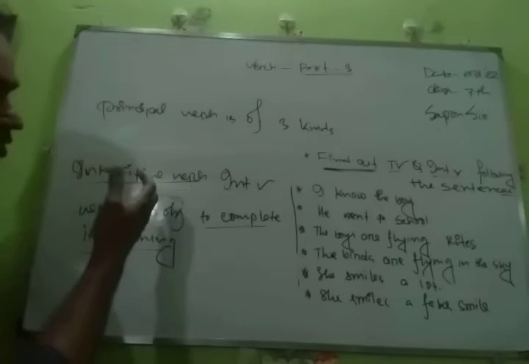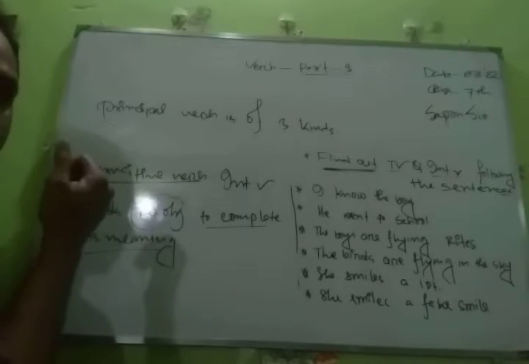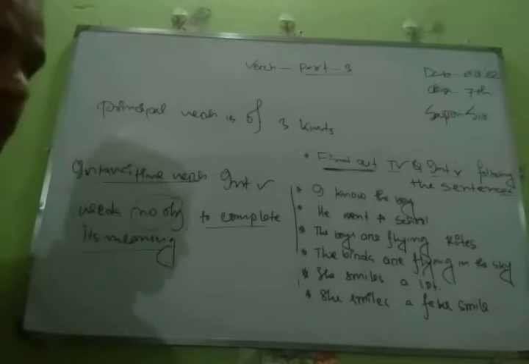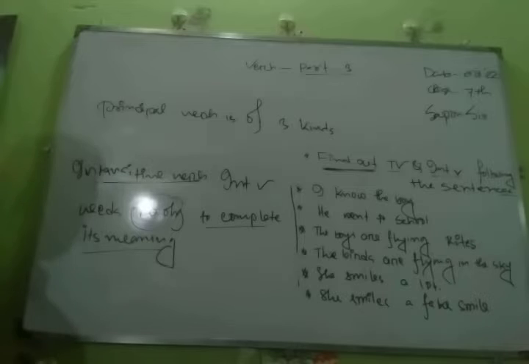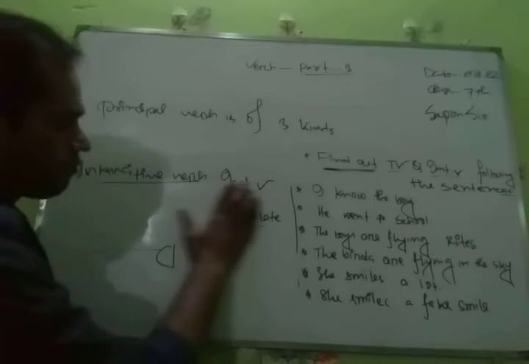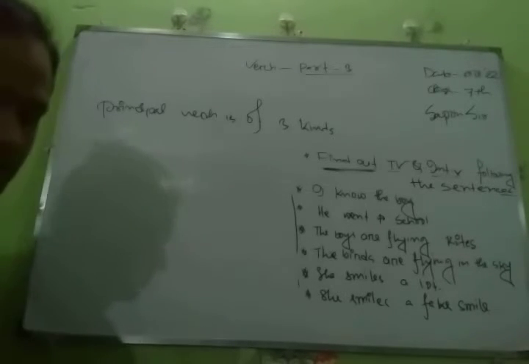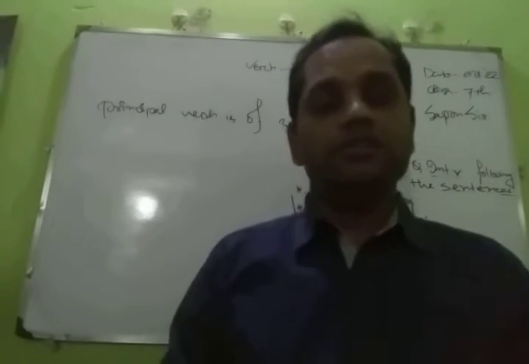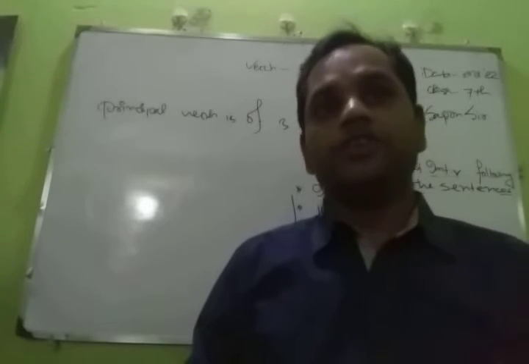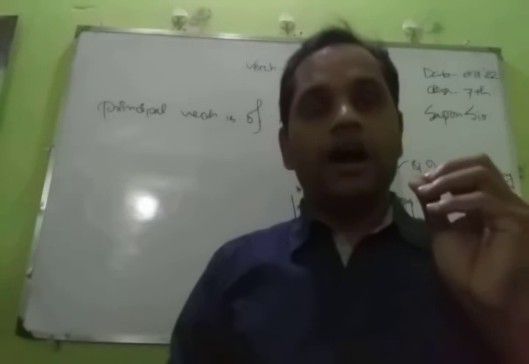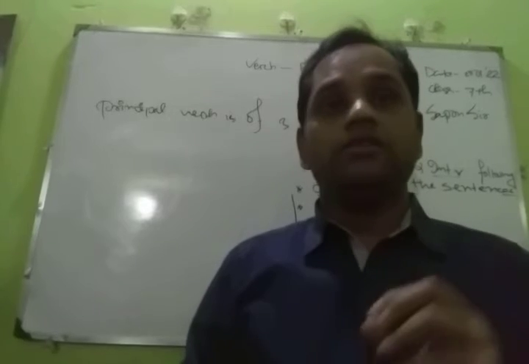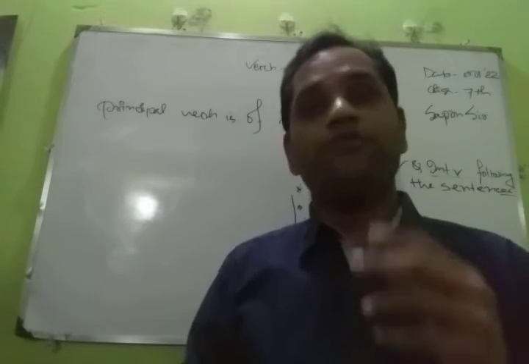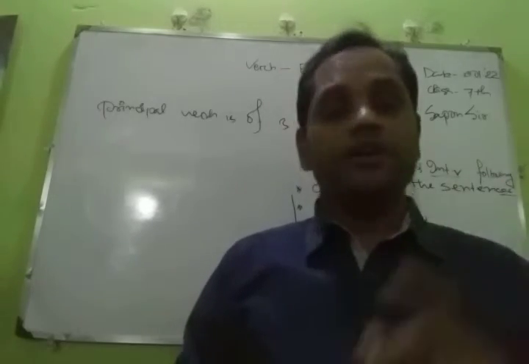Dear learners, already you have learned the definition of transitive and intransitive verb. Write down this line. Okay, very good. Then you can find out the transitive and intransitive verb easily. At first, you have to know the technique how to find out transitive and intransitive verb.